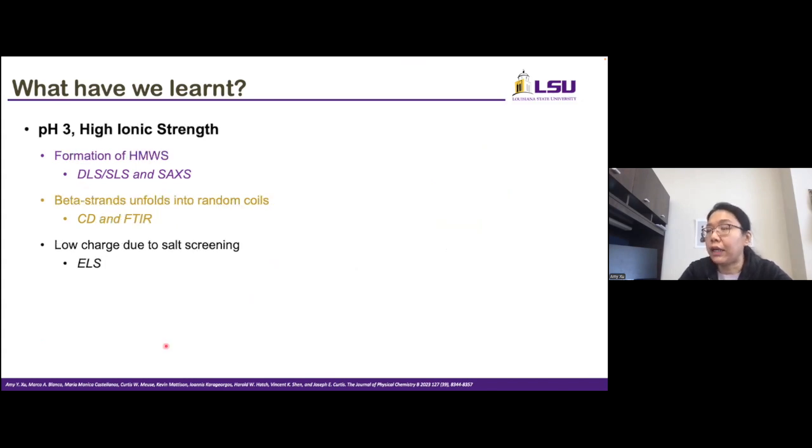And then finally, at pH 3 but high ionic strength conditions, we have observed the formation of high molecular weight species due to the self-association of NISTmAb molecules. There is a minor secondary structure change where the beta strands unfold into random coils. And at pH 3 but high ionic strength, the antibodies are low in charge due to salt screening.